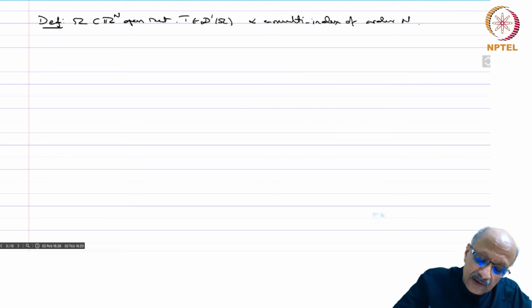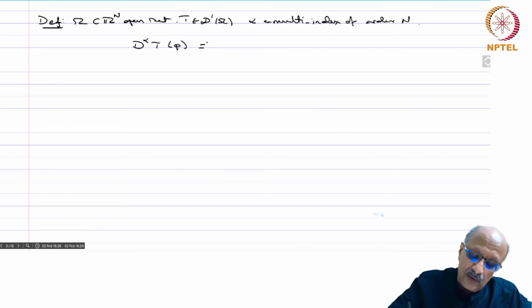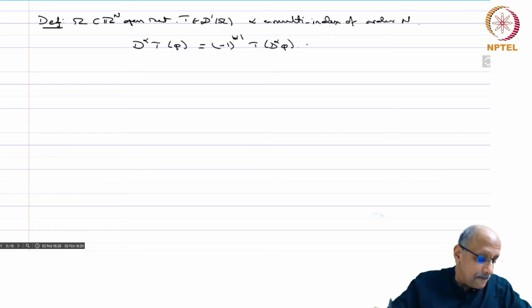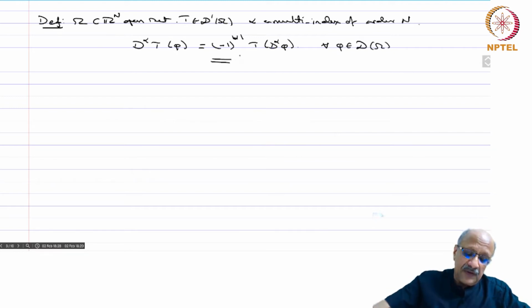Then the distribution D^alpha T is defined by D^alpha T of phi equal to (-1)^|alpha| T of D^alpha phi, for all phi in D(omega). So this is how we define the differentiation of distributions, and therefore every distribution is infinitely differentiable. For any multi-index alpha, all their derivatives exist.